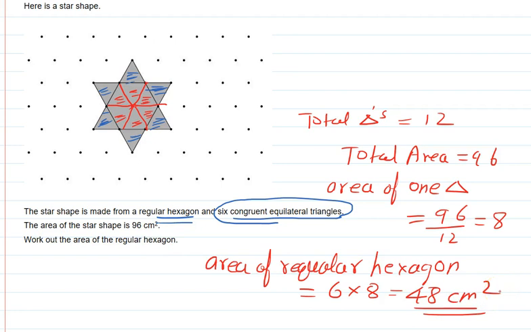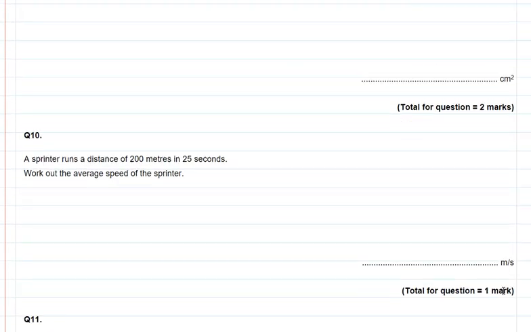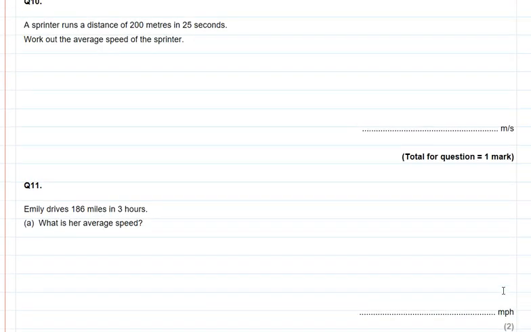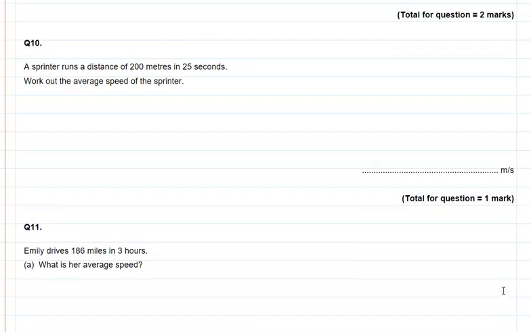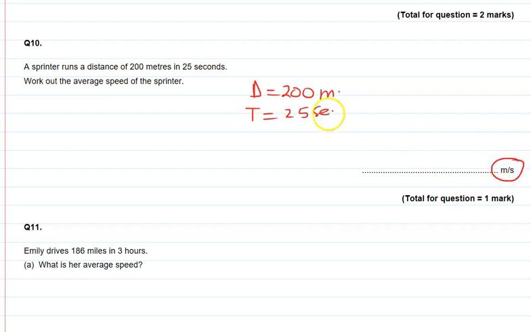Yes. Now let's go for another question. Question number 10. Here, a sprinter runs a distance of 200 meter in 25 seconds. So distance is 200 meter and time is 25 seconds, and your answer should be in meter per second. So what will be the average speed?